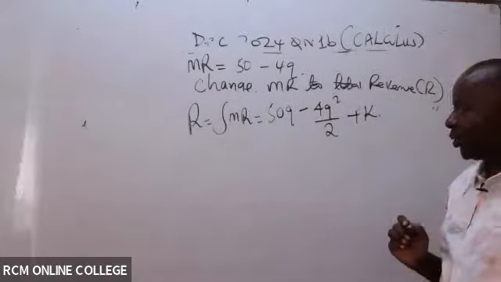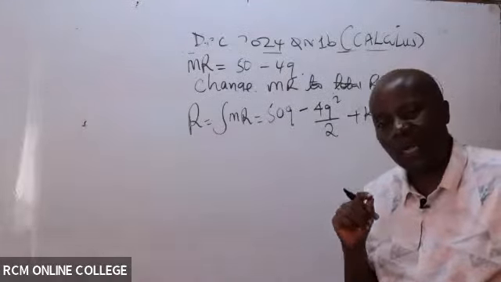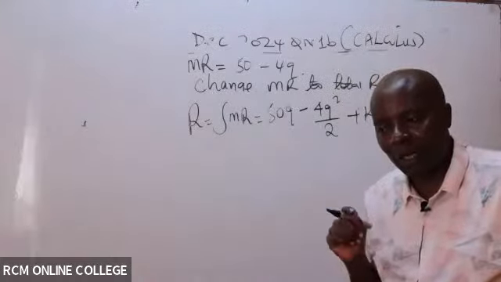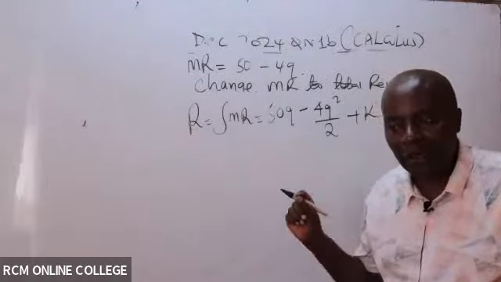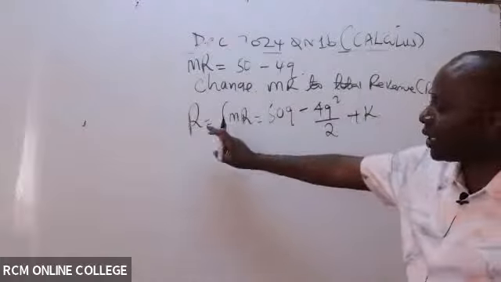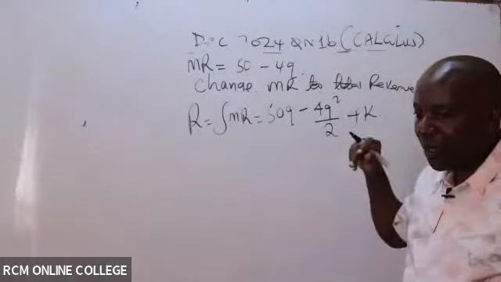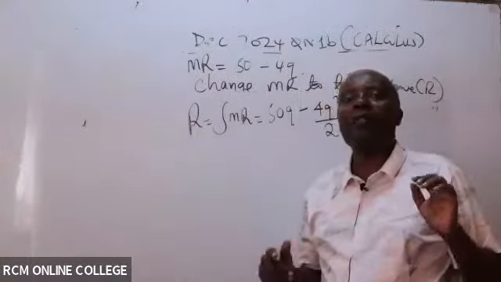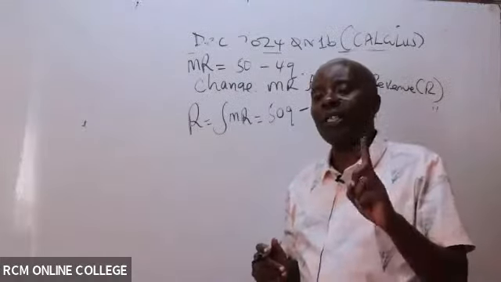Now let me ask you a question. In business, do we have anything known as constant revenue? That even if you don't sell, there is revenue guaranteed for you, because this k means constant revenue? There is a constant cost, because even if I was to have 0 students, there is always that cost that must be incurred.